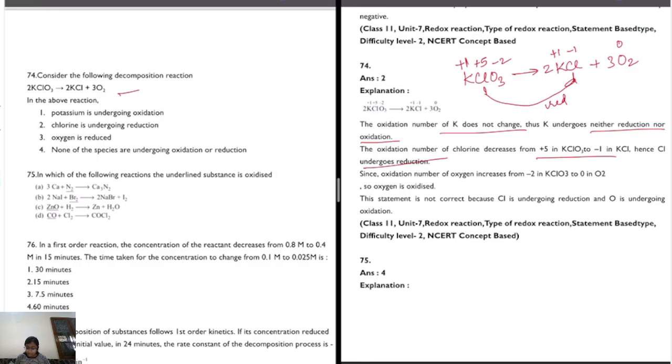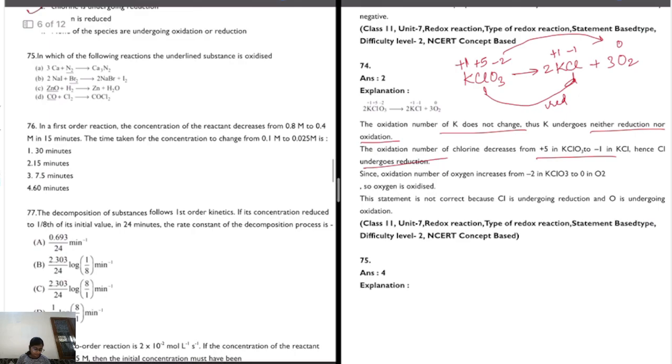Therefore, it undergoes reduction. And in case of oxygen, it increases from -2 to 0. Therefore, obviously, it is undergoing oxidation. Okay, so option 2 would be correct here because chlorine is undergoing reduction. Potassium is the same, oxygen is being oxidized. So this is the correct option.